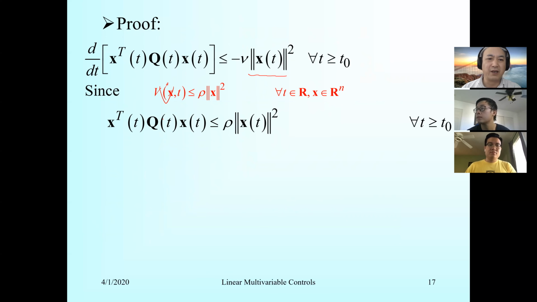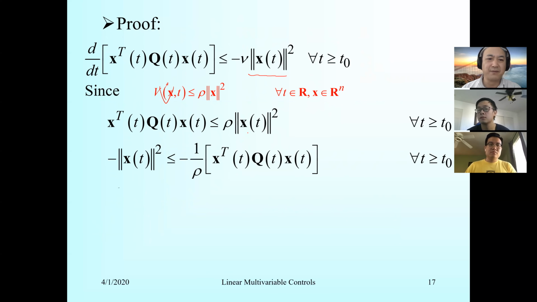So we can write this as minus x(t) squared, less than... if you put a minus sign on both sides, you change this to greater than or equal. Then you divide by rho on both sides. So you have 1 over rho here, and then you write it another way, and you end up with this.